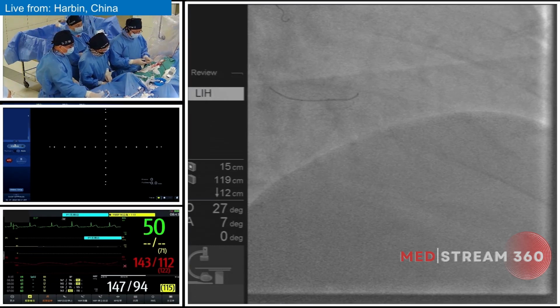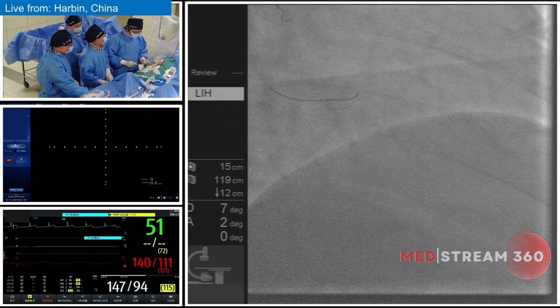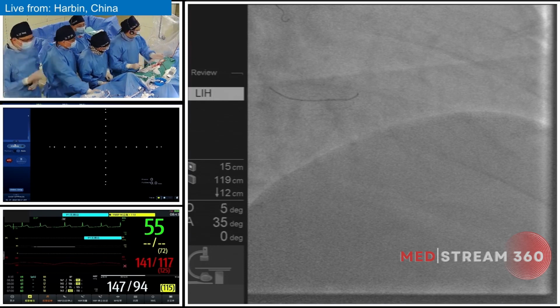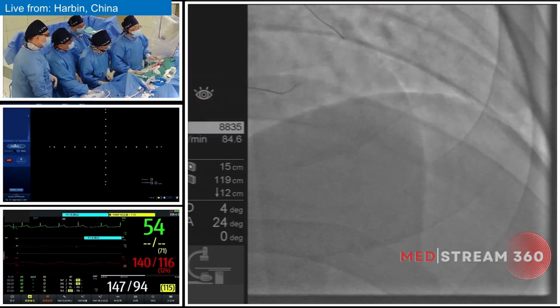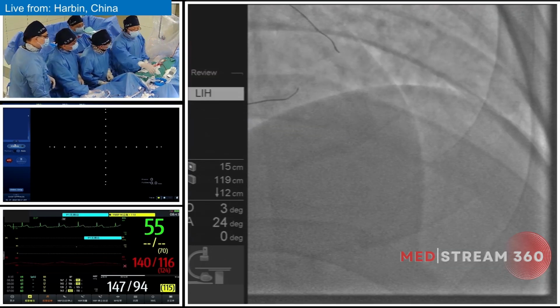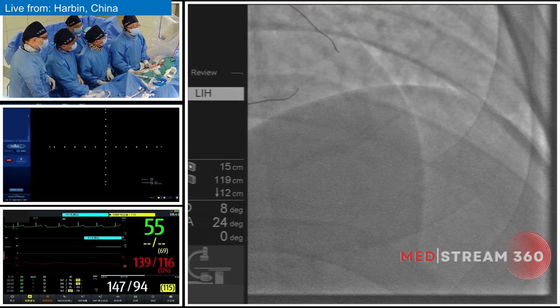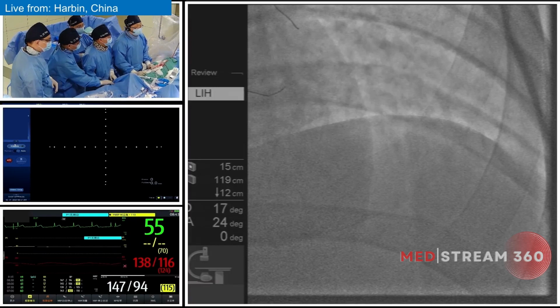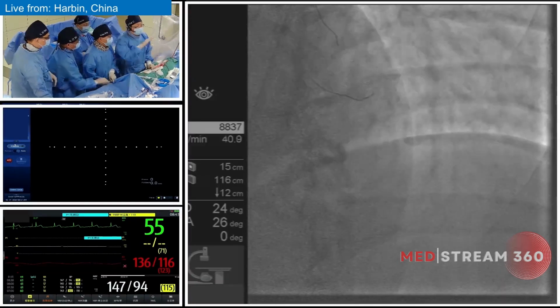Like I just explained, the right position of the reentry point is of key importance. So we check the right reentry point from the retrograde angiography to make sure we avoid all the main side branches, and we can see very clearly the distal retrograde flow to make sure the reentry point means the true lumen.